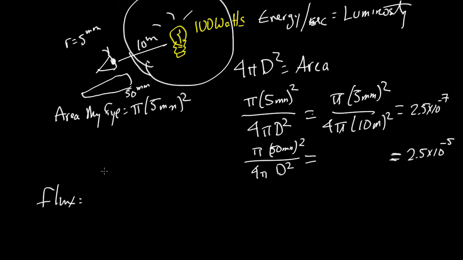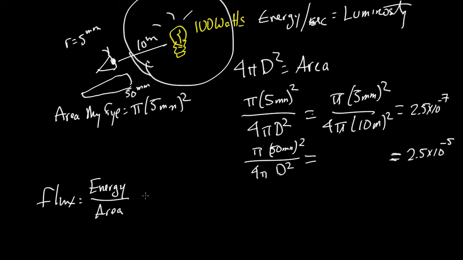Flux is defined as the energy received per unit area. And so no matter what I look with, the flux will be the same, and how bright the object appears is going to depend on the area of my object. So brightness and flux are more or less equivalent.